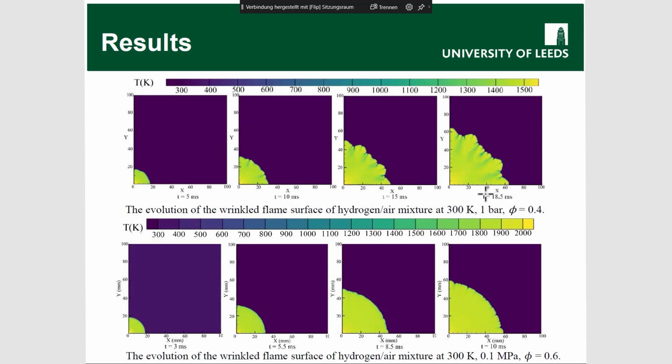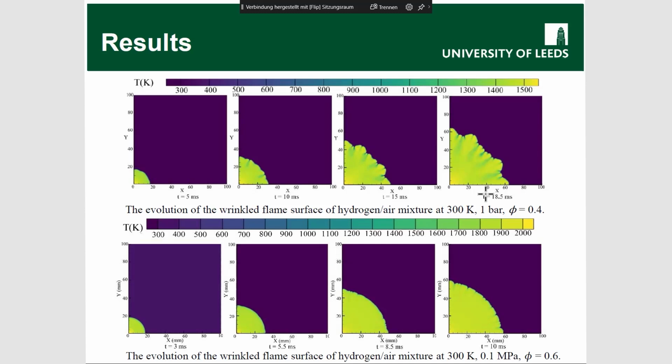We can also see that the cusp-like structure persists and evolves, with cells undergoing enlargement and division. This kind of structure is self-similar and fractal, so in combustion we call it fractal theory.